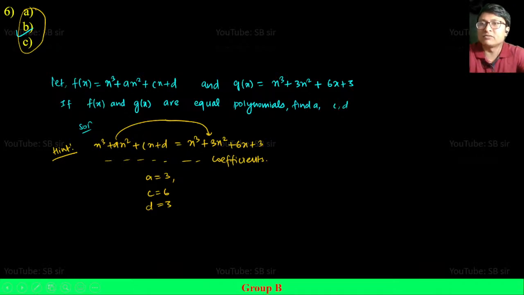And in 6abc, questions based on the equal polynomials might be given, and you will be asked to find the value of a, b, c, or d. The constants will be asked. And in question number 6c, as I mentioned earlier also, from the topic polynomial, questions like finding the sum, finding the product, finding the difference might be asked in question number 6abc.